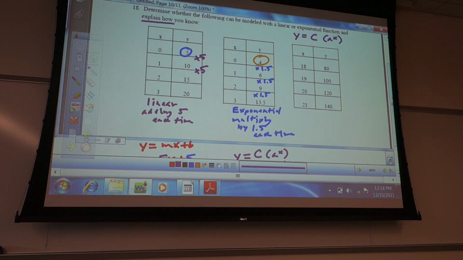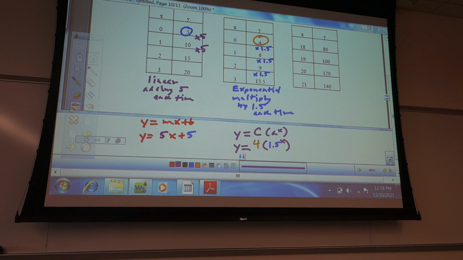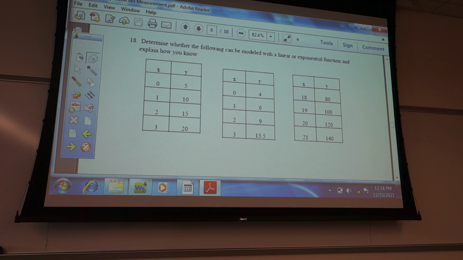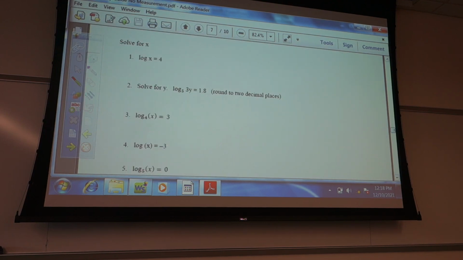Oh, what's b then? B is your initial amount. And then m is how much you're adding. Yeah, your slope, how much you're adding. I'll let you folks do the last one on your own.